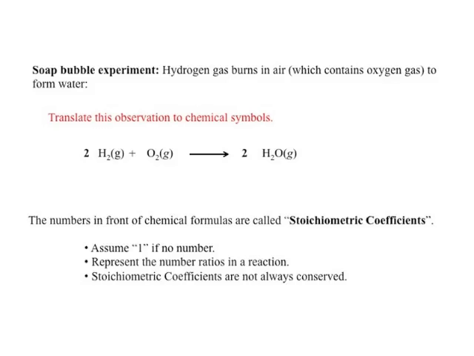And also, you should know that stoichiometric coefficients are not always conserved. So let's just focus on the stoichiometric coefficients. On the left-hand side, you have the 2 in front of hydrogen, H2, and 1 in front of oxygen. When you add 2 and 1, you get 3 on the left-hand side.